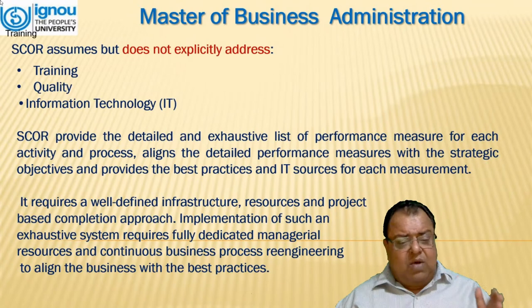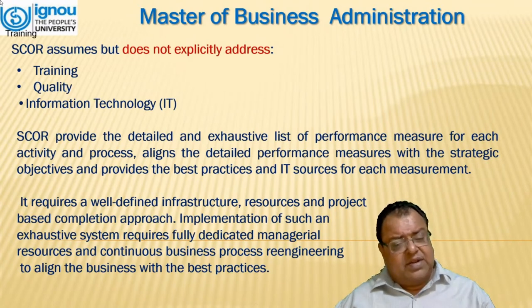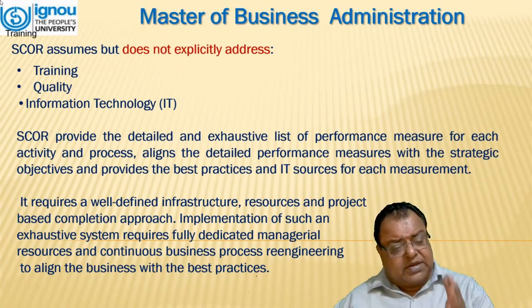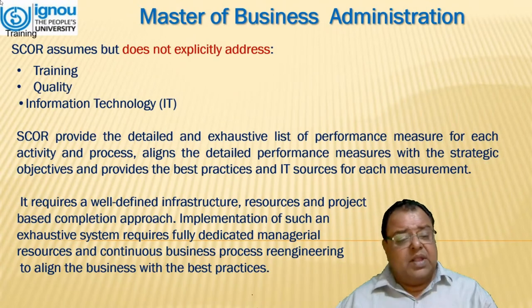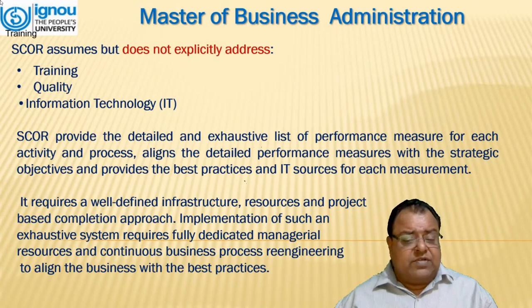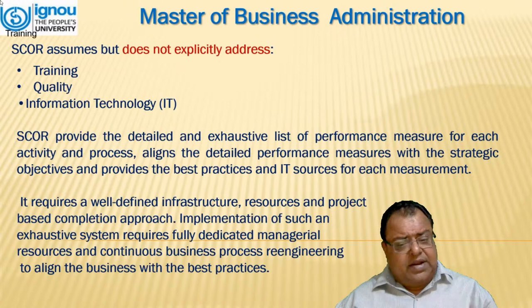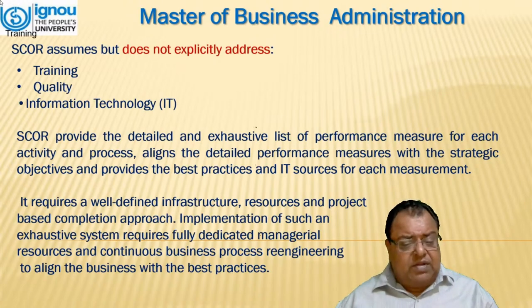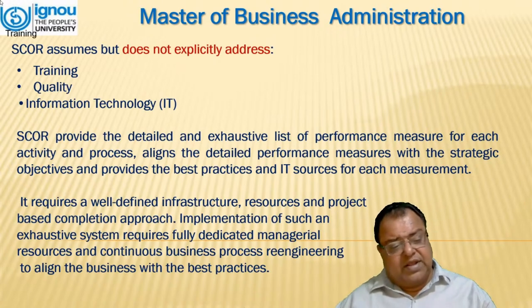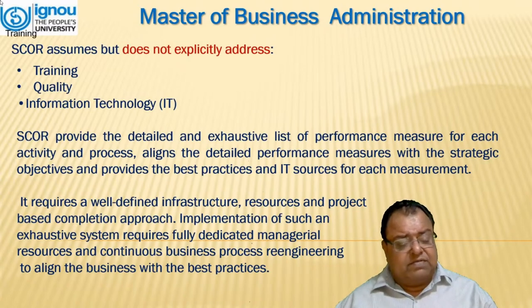It requires a well-defined infrastructure, resources, and a project-based completion approach. Implementation of such an exhaustive system requires fully dedicated managerial resources and continuous business process reengineering to align the business with the best practices.